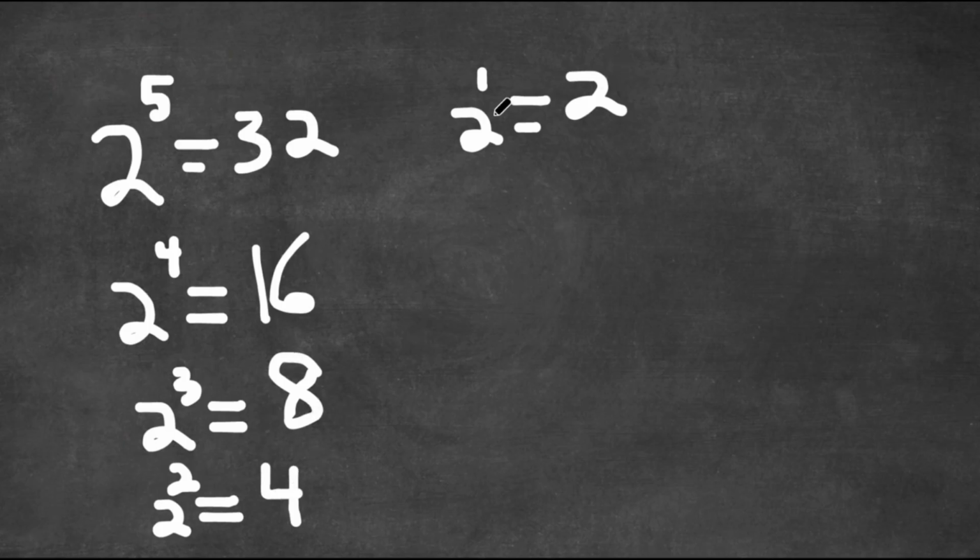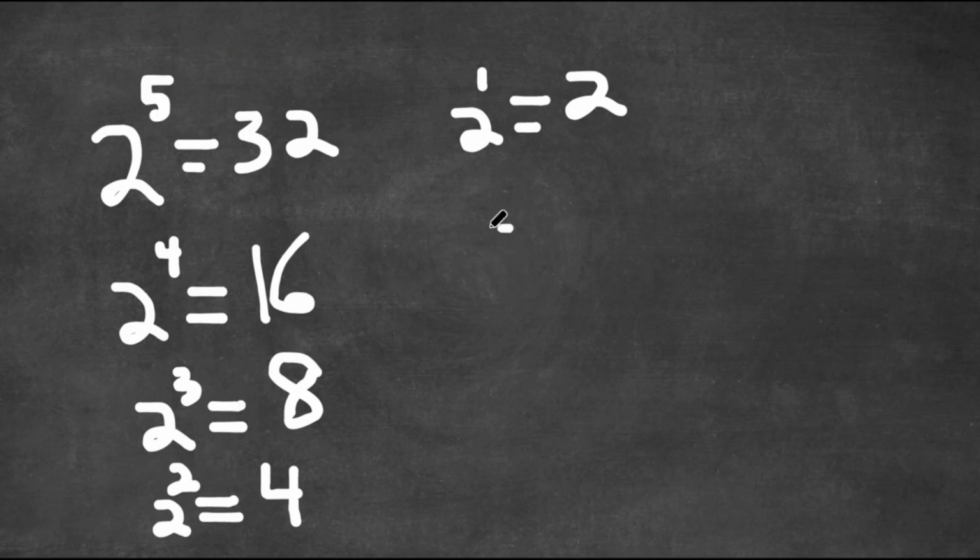Every time the exponent increases, our answer is multiplied by 2. So right here we have 2 to the power of 1 equals 2, and 2 squared is 4, this is 2 times 2, and 2 to the power of 3 is 8, this is 4 times 2, 2 to the power of 4 is 16, this is 8 times 2. So it's multiplied by 2 from the previous exponent.